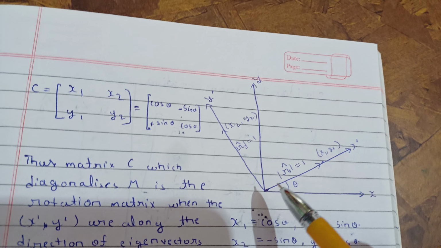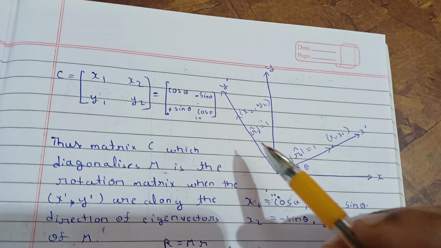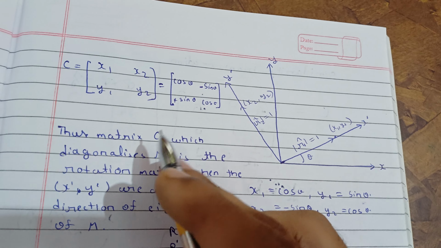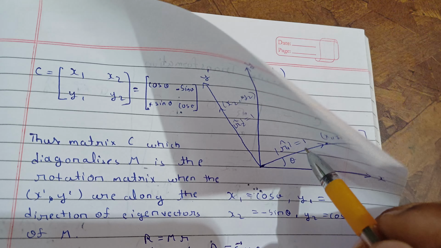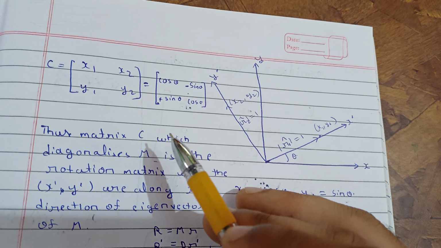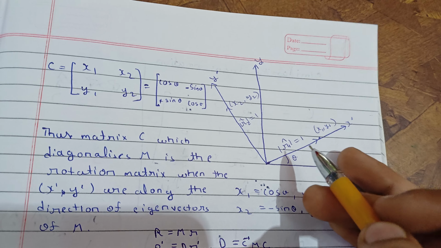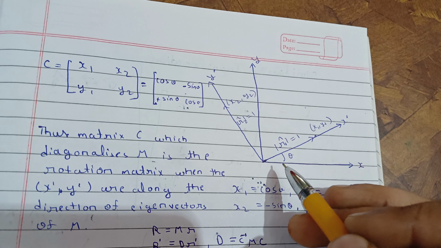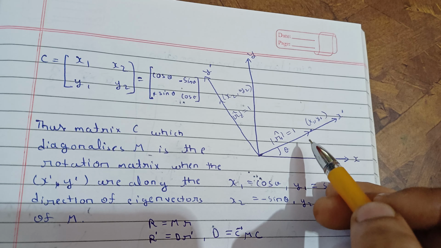So if there is this r1 vector and this r2 vector, we can find the components, which means we can find this C matrix. How can we find this? R1 represents the first eigenvector and R2 represents the second eigenvector of that matrix, and they are perpendicular to each other. So let's see the components of these eigenvectors. If the rotation angle is theta, then for R1, if the magnitude is 1, the x component will be cos theta and the y component will be sin theta.